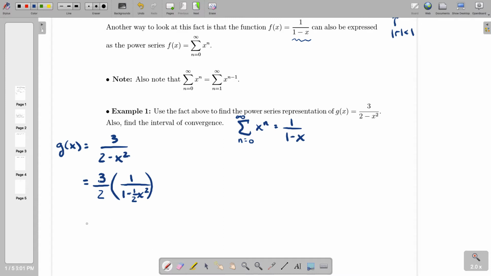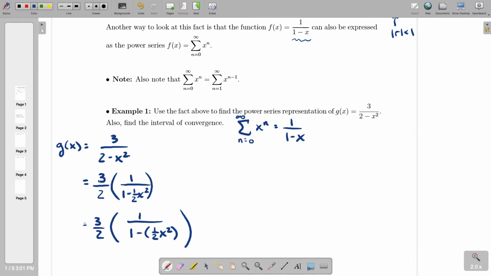And so now what I have is this 3/2 times 1 over 1 minus, and then I'm going to put this in parentheses, 1/2 x squared. And so that is becoming my x. So you can see that in this simpler form, you take the x, and that is the base of your exponent that you're raising to the n power.